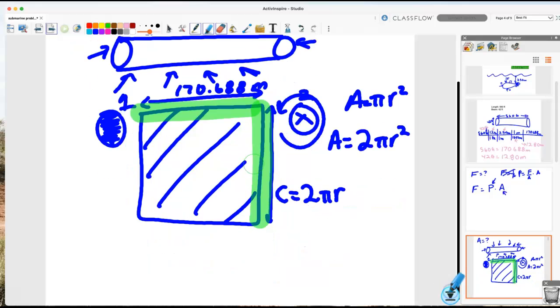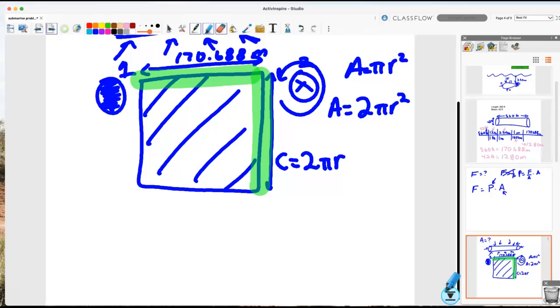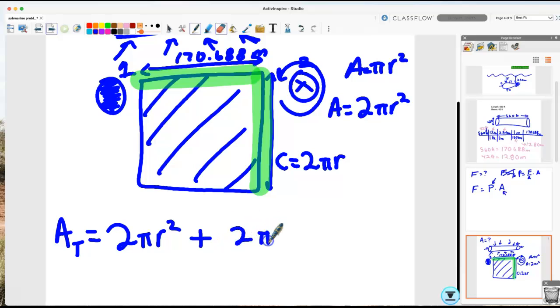So I have two parts. I have the circles on either end for my area. So the total area of the submarine is 2 pi r squared, the area for the two circles, plus the square, which is just the length times the width. So that's 2 pi r times the length of the submarine.